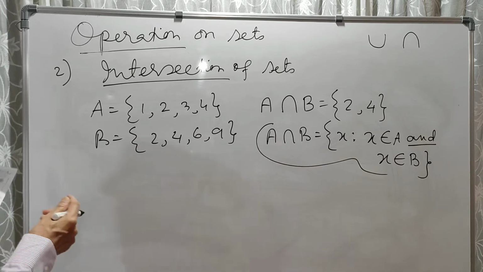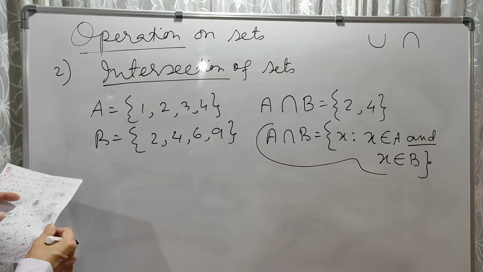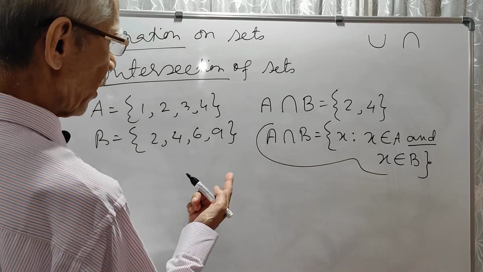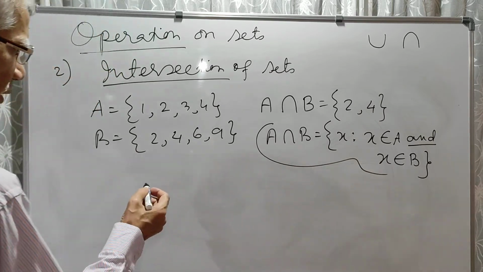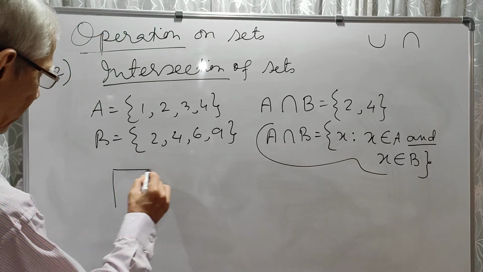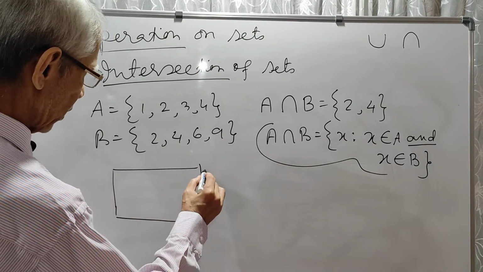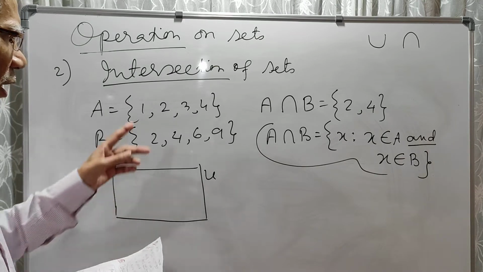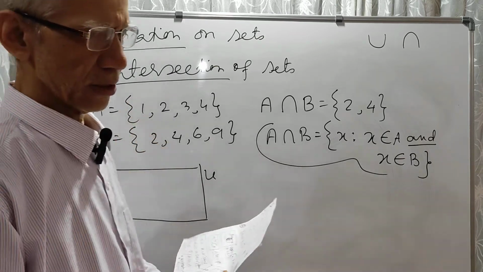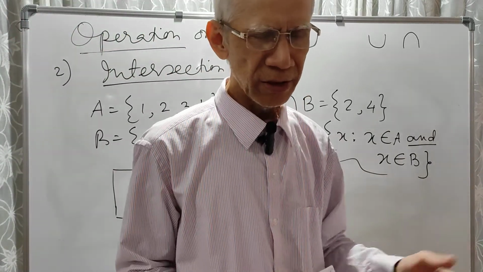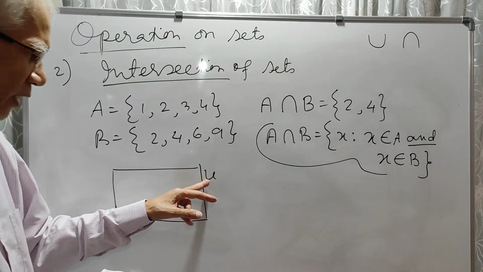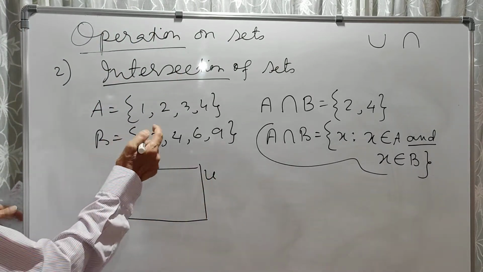Now, what will be the Venn diagram of this one? The Venn diagram of intersection. This is the universal set. Here we have not indicated the universal set, but every set has a universal set, therefore we must write U. So A and B are intersecting.